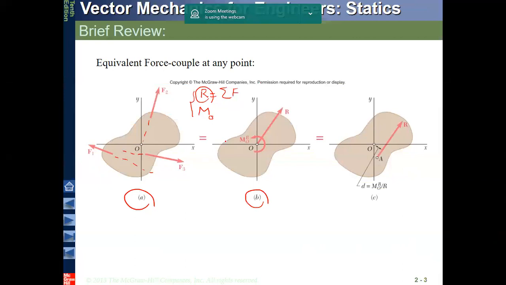So for rigid bodies, it doesn't matter whether you have multiple forces acting on the system or a single force and a moment at point O, or any point on the surface. Any questions?